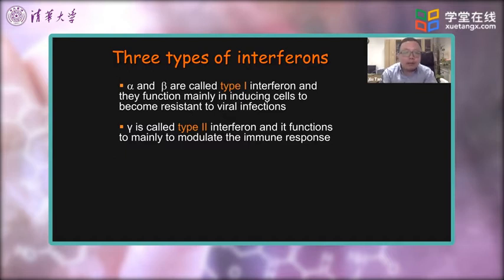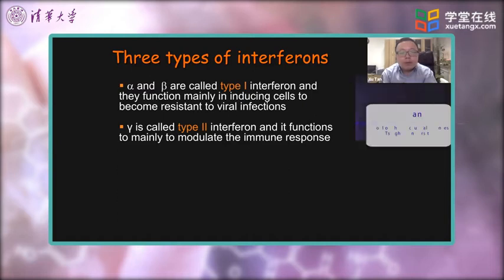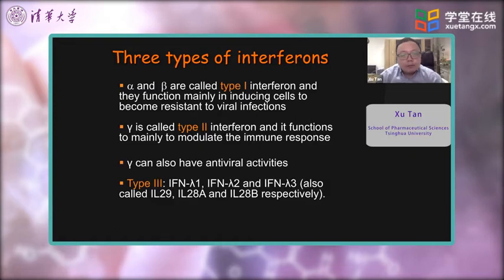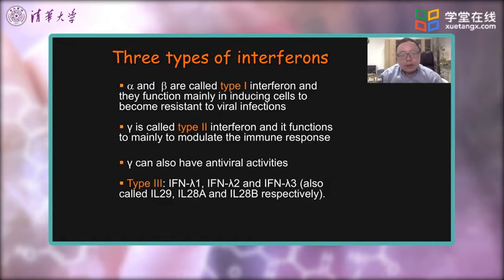Interferon gamma is also called the type 2 interferon. Its main function is to modulate immune responses, but type 2 interferon also has its own antiviral activities. And type 3 interferons are more recently discovered, and their functions are still being studied.